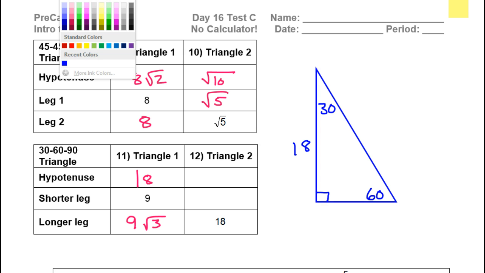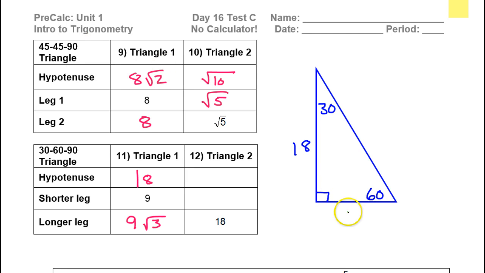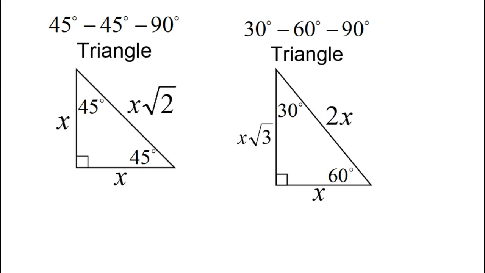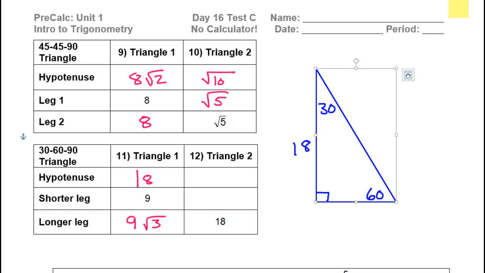Here's how I would handle that if I were you. I am going to take this pattern and put all of these expressions on this triangle. So this is x, which we don't know, this would be 2x, and this is supposed to be x radical 3.